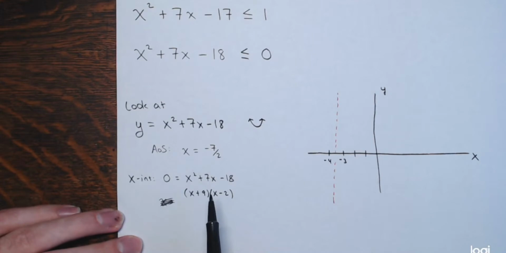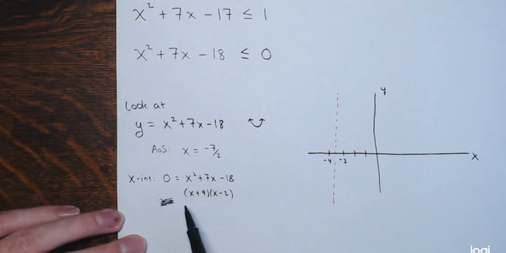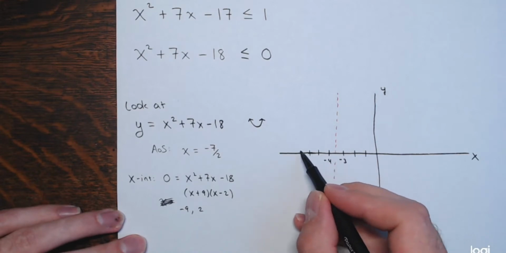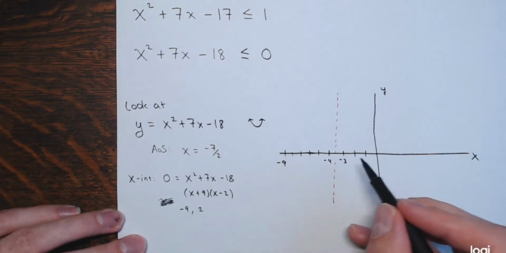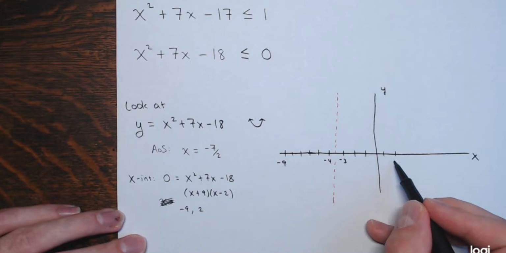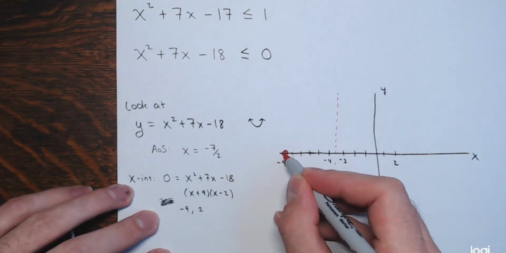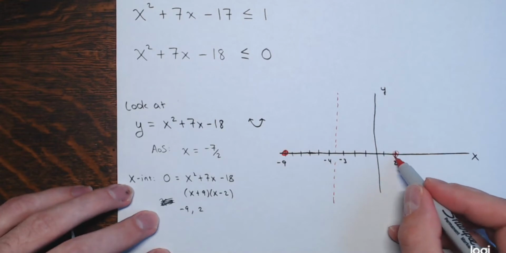Yeah, that'd be x squared minus 2x plus 9x for 7x, and then minus 18. So negative 9 and positive 2. So the intercepts here are at negative 9 and positive 2, the point 2 comma 0.